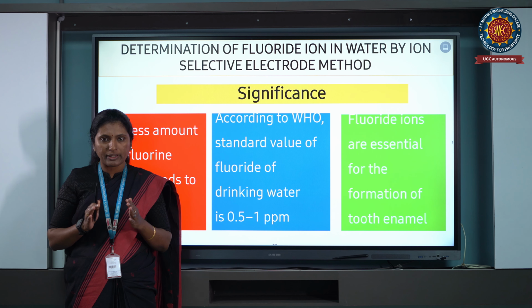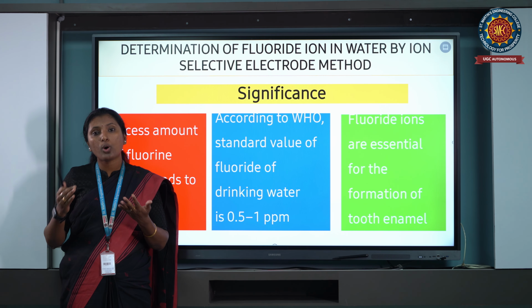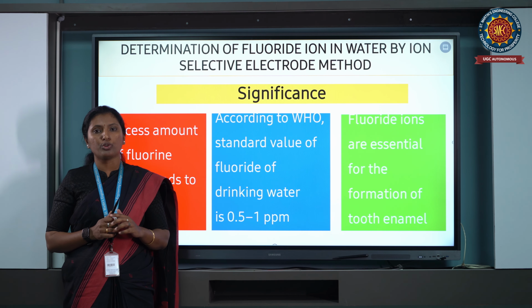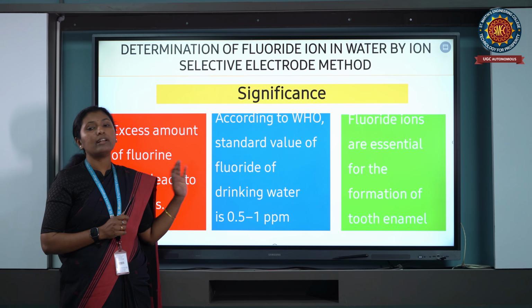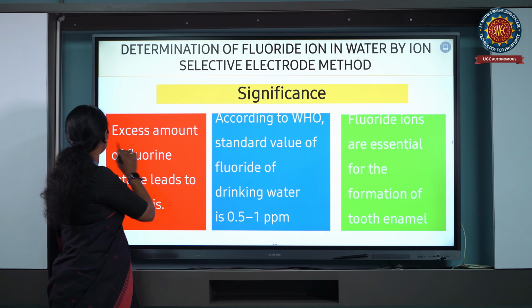So that much should be there. But if we consume beyond 1 milligram per liter of fluorine for a long time, it will lead to fluorosis. Now we will discuss the experimental part.